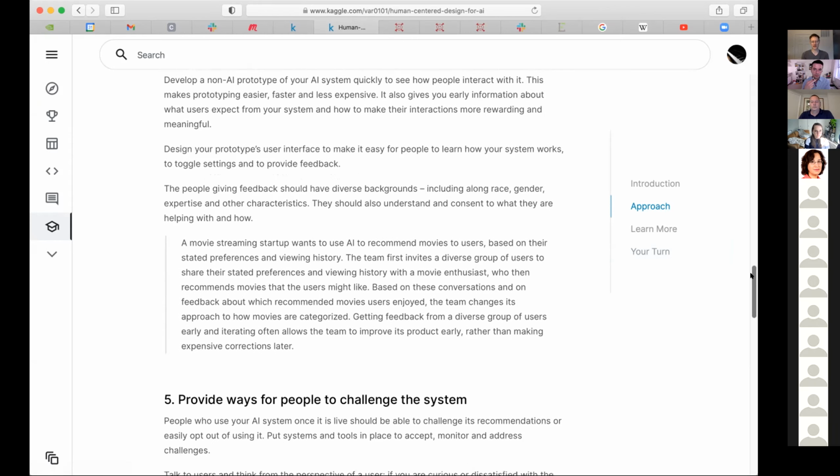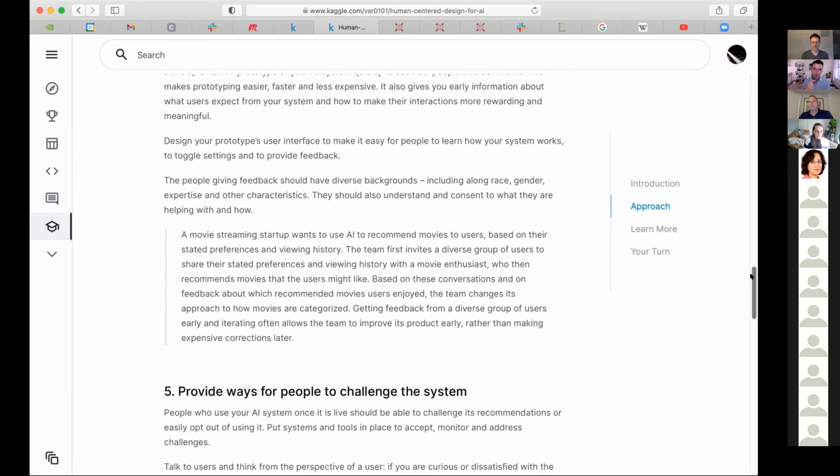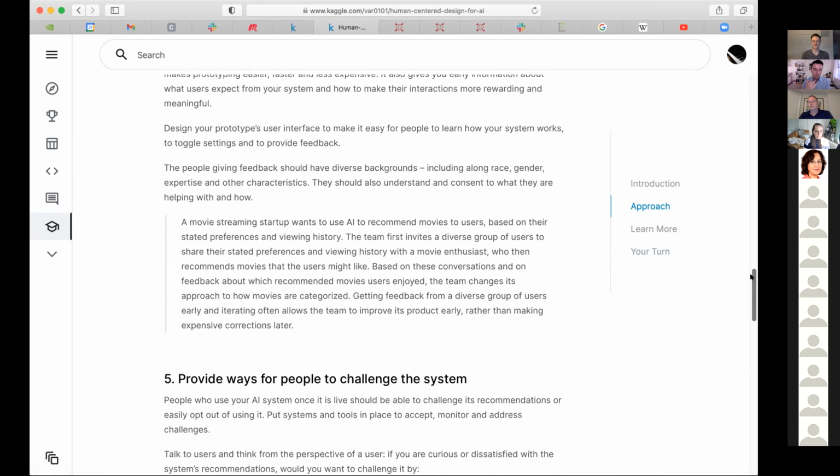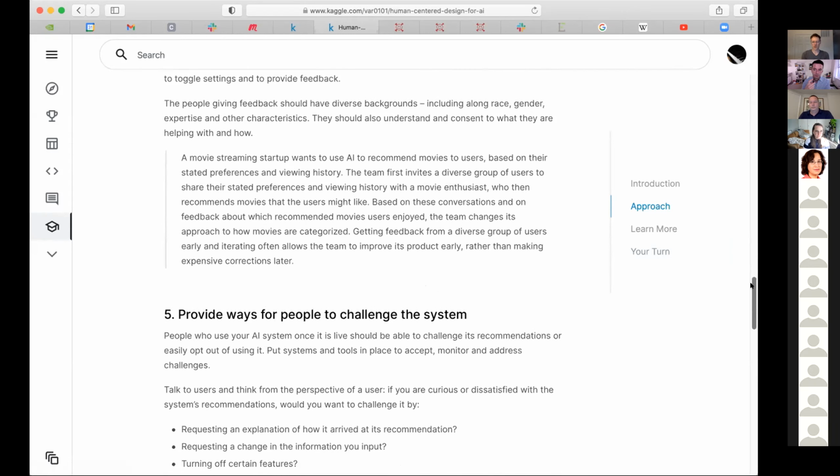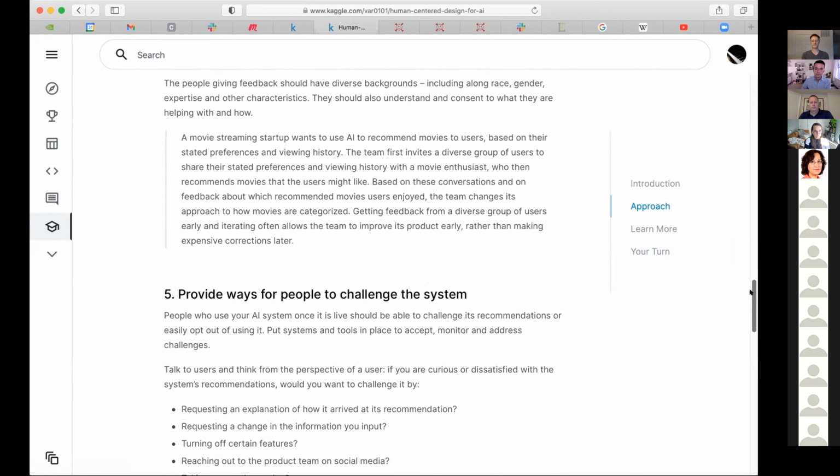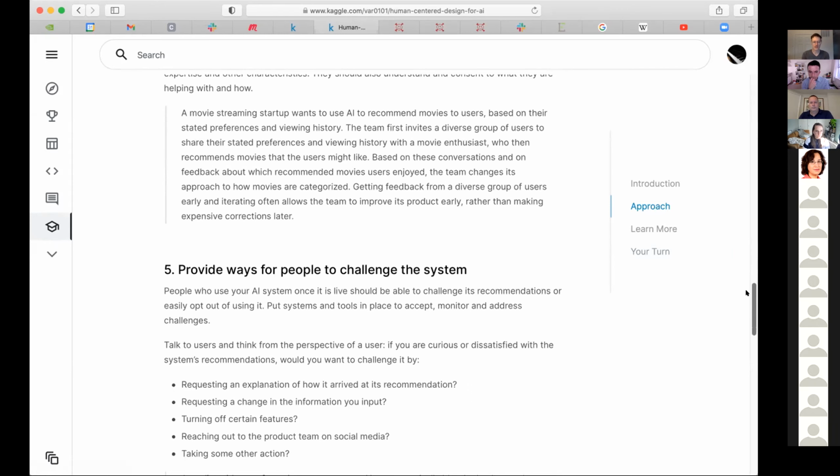An example provided is a movie recommendation to users. If just a small number of users are giving their preferences, then maybe you're not getting the overall population's interests.